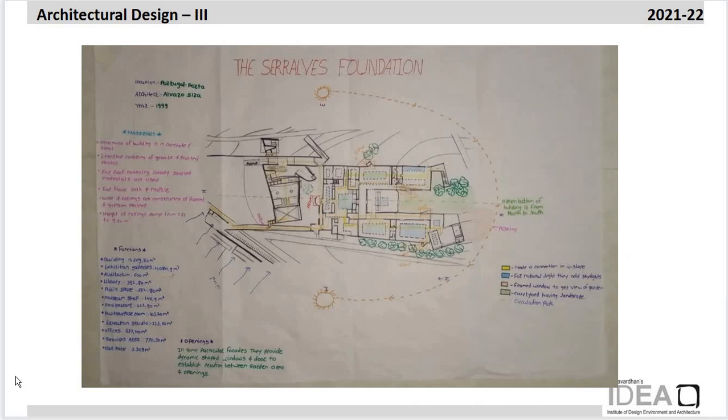This building contains functions like exhibition, auditorium, library, public space, museum, shop, restaurant, multipurpose room, education studio, offices, and service block. This is a three-story building which has many skylights on its upper floor.